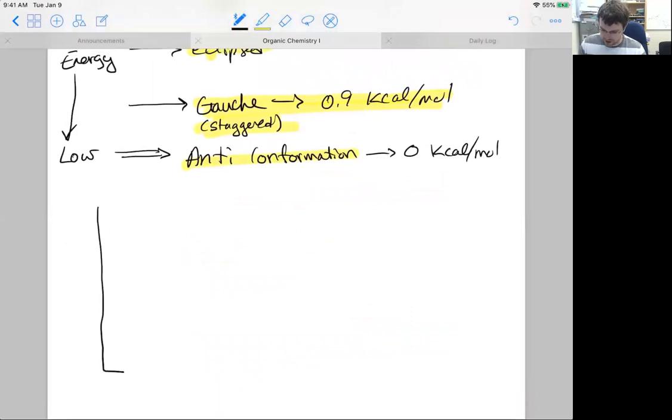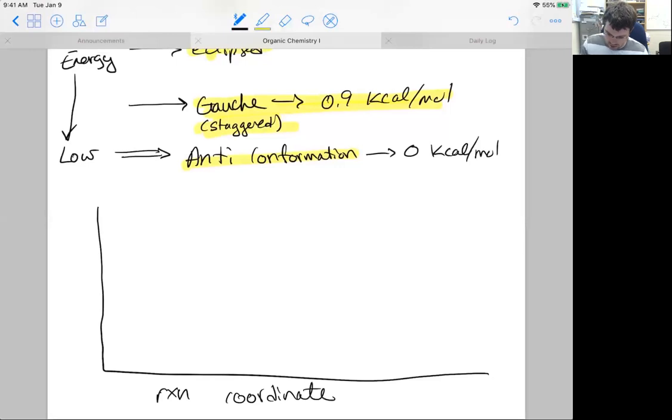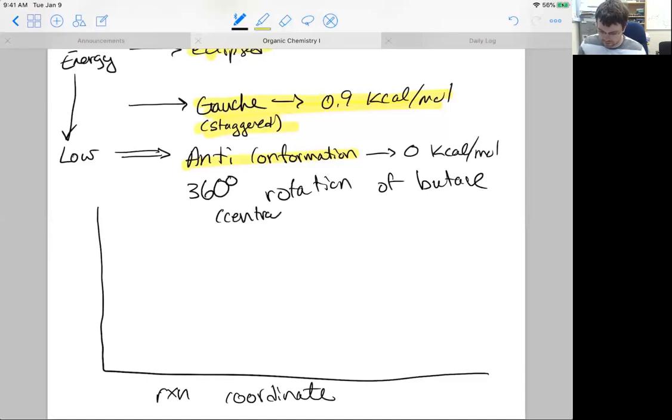Give ourselves a lot of space. So we're going to have reaction coordinate to describe the free rotation, and we're going to do a 360-degree rotation of butane. We're going to focus only on that central carbon-carbon bond only.